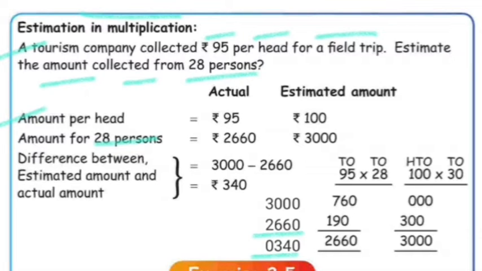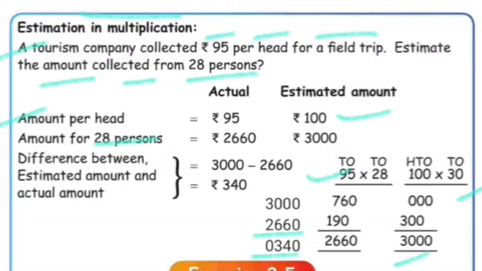So 95 and 28 multiplied gives 2660. In the same way, 100 we multiply by 30, because 28 is nearest to 30. Then we get 3000.